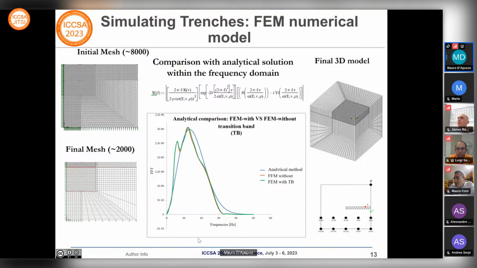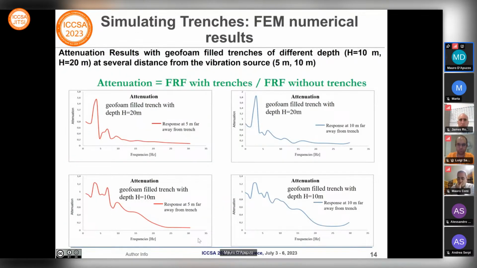But the main thing is that we evaluate the meshing and the layout of the model, paying attention to the agreement of the dynamic response in the same way as it's provided by an analytical equivalent model.